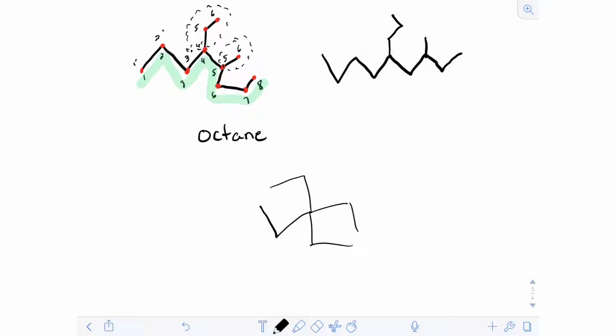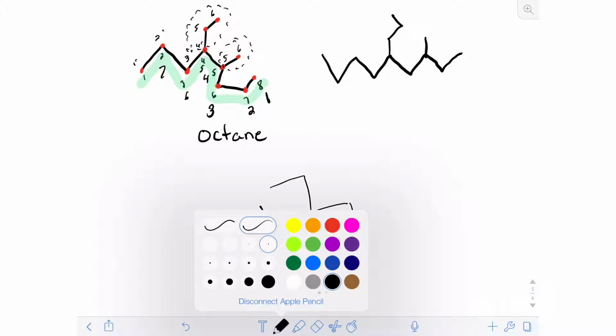So as you can see, you might have to reverse your count sometimes. So it's actually going to go 1, 2, 3, 4, 5, 6, 7. Actually, I'll do that in a different color.